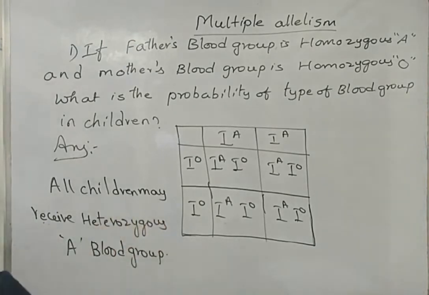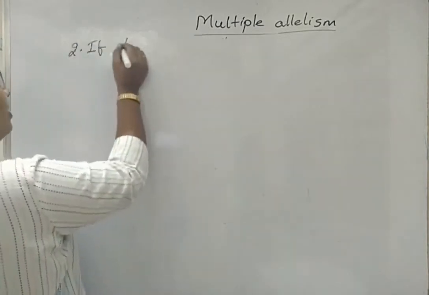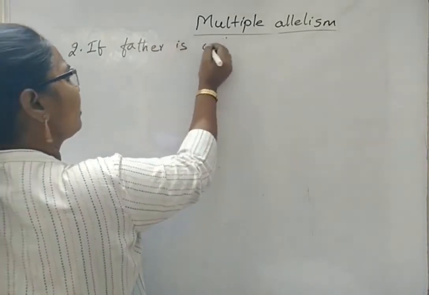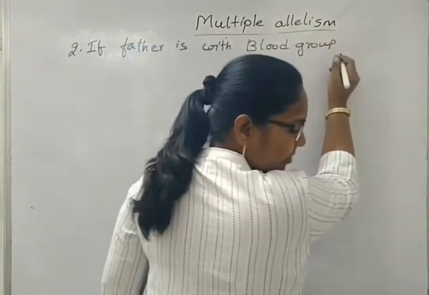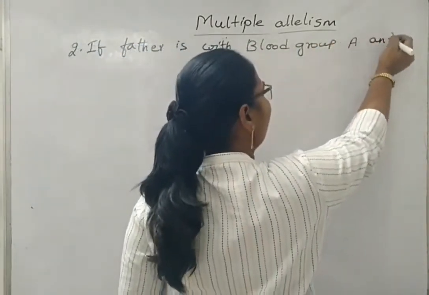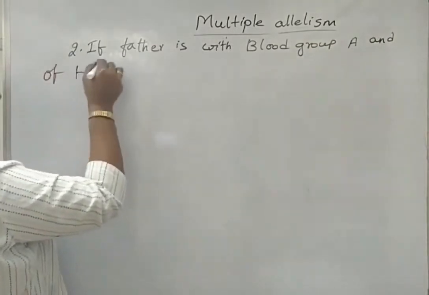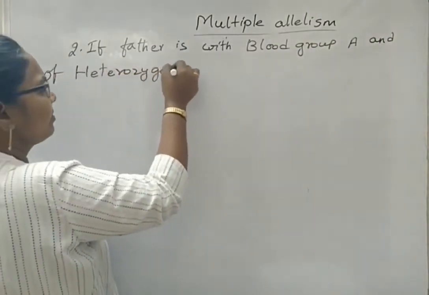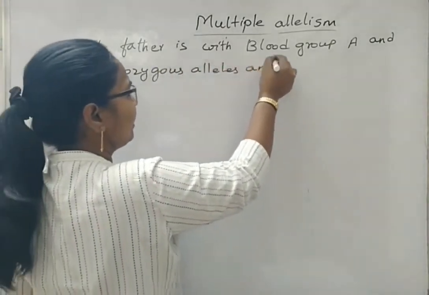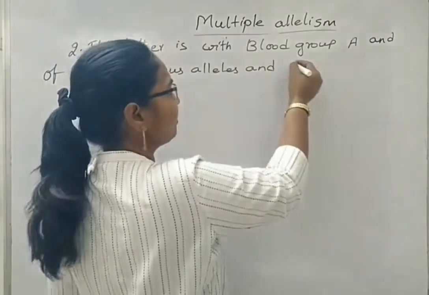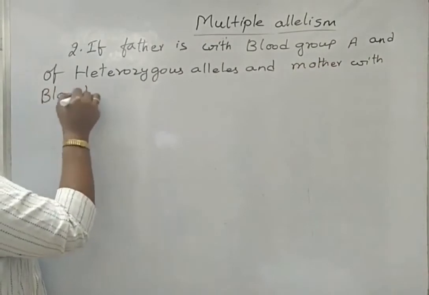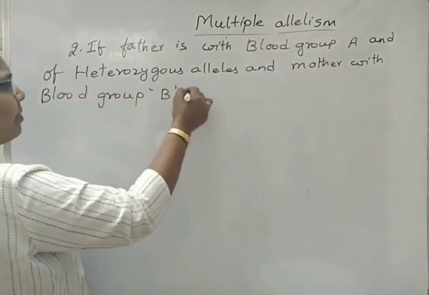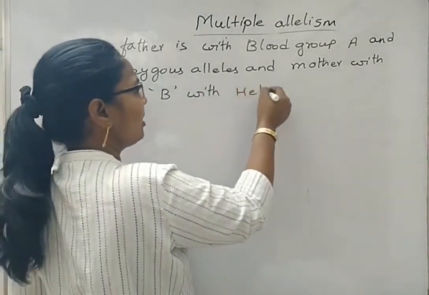Okay, so this is one model MCQ. Let's see another MCQ also. Question: if father is with blood group A and of heterozygous alleles, and mother is of blood group B, mother with blood group B with heterozygous alleles again.